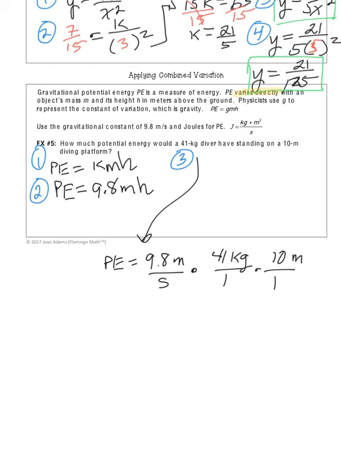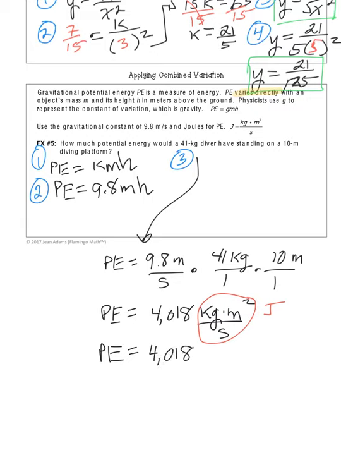So 9.8 times 41 times 10. And I do not get a decimal, so I get PE is equal to 4,018 kilograms times meters squared over seconds squared. So this part right here represents a joule. So we can rewrite our answer as PE equals 4,018 joules.